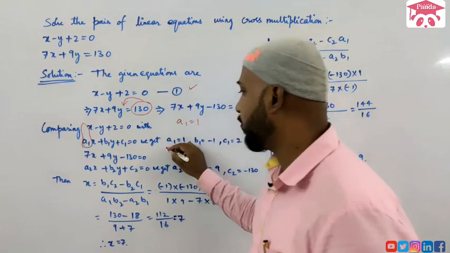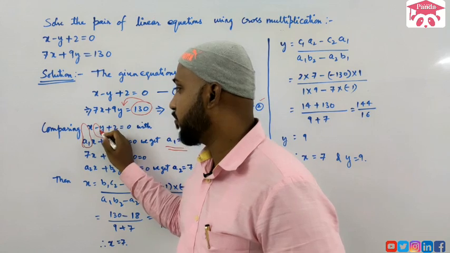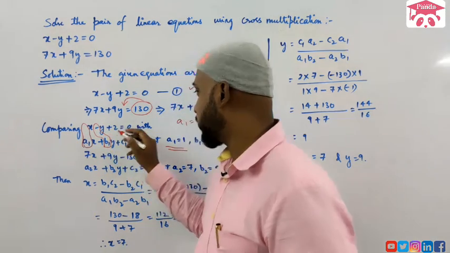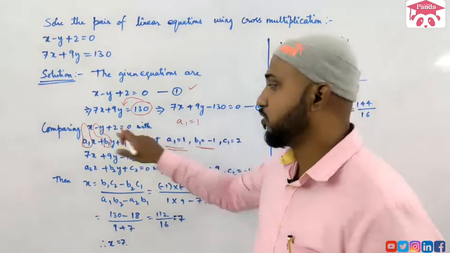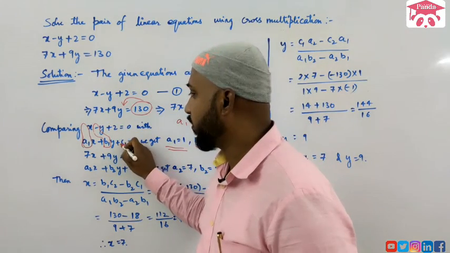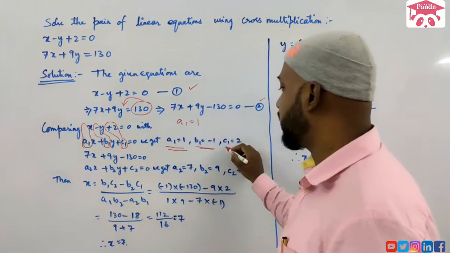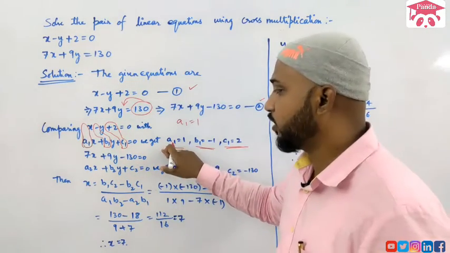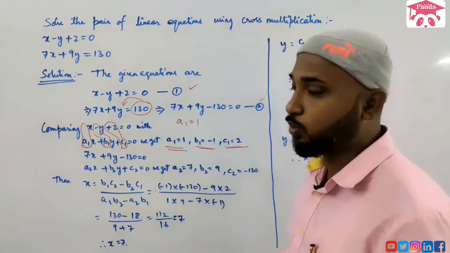So a1 is 1. And b1, minus, no value there, so it is 1, so b1 is minus 1. And c1 is 2. So we have written down the values: a1 is equal to 1, b1 is equal to minus 1 and c1 is equal to 2.